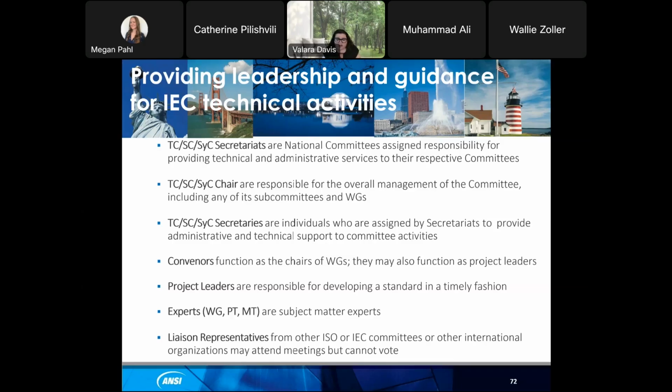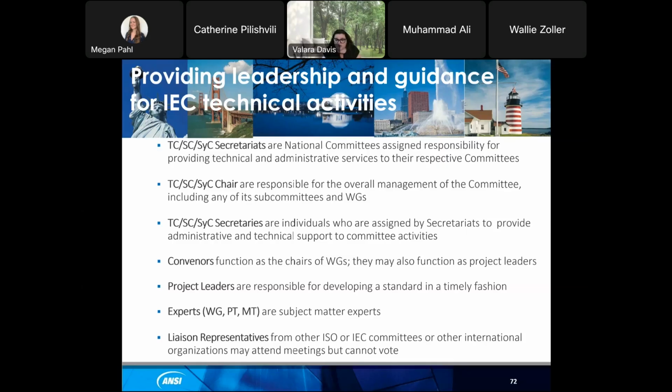So they're the ones coordinating all of the documents that are circulated to the committee members. There's also the convener role, and these are the chairs of the working groups, project teams, or maintenance teams. They function as the project leaders for the development of an IEC document.